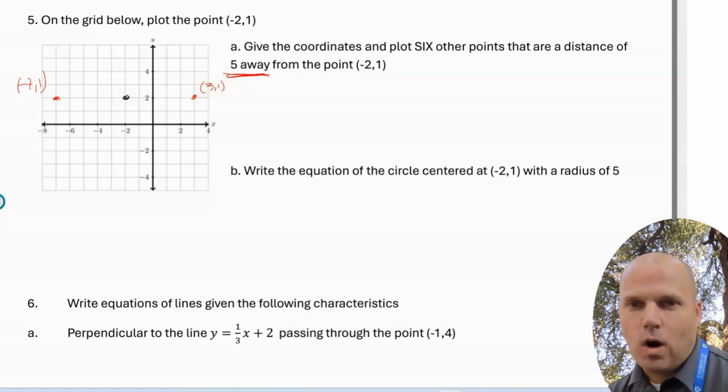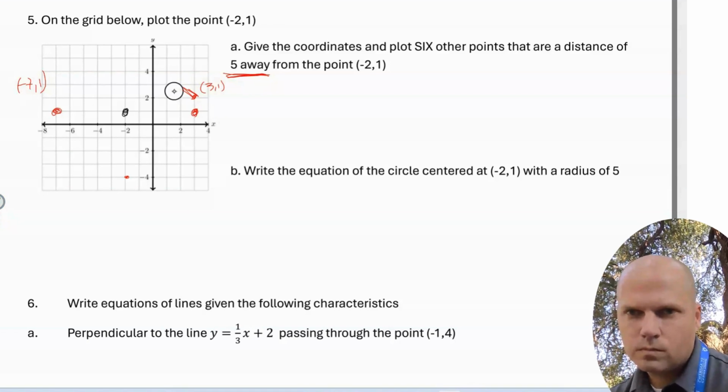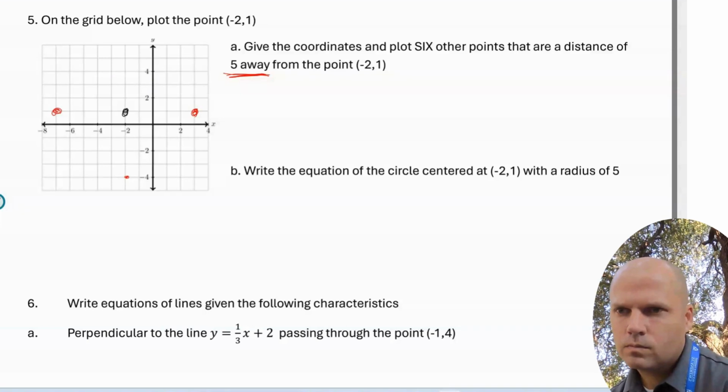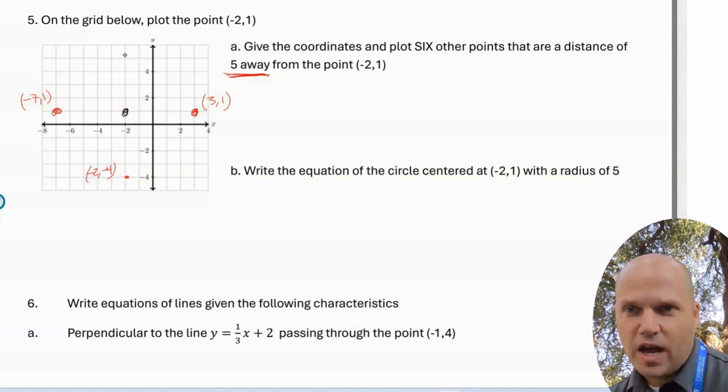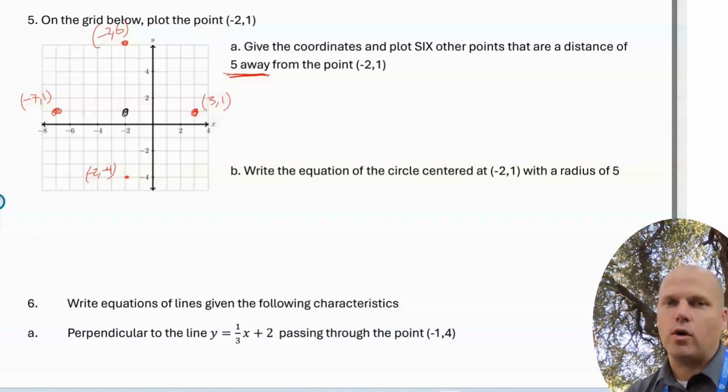Now let's work on the y's. 1 minus 5 is -4, and then 1 plus 5 is 6. Great, those are four other points.